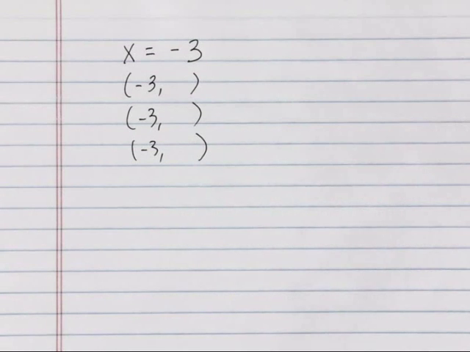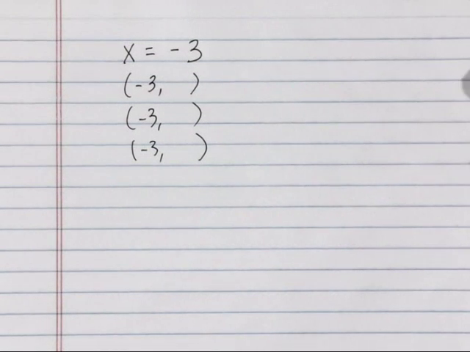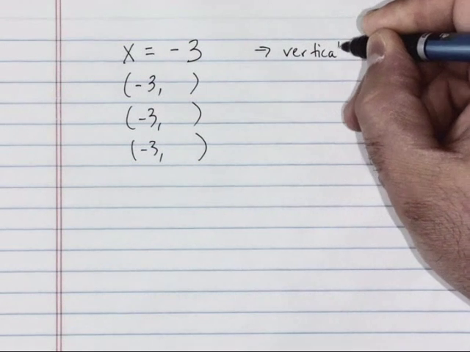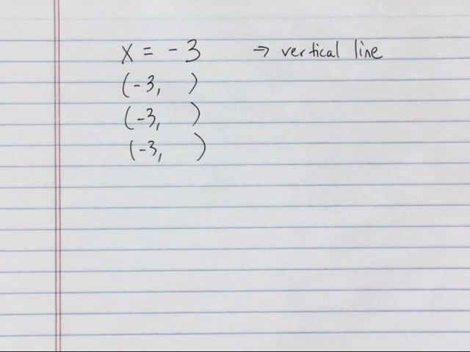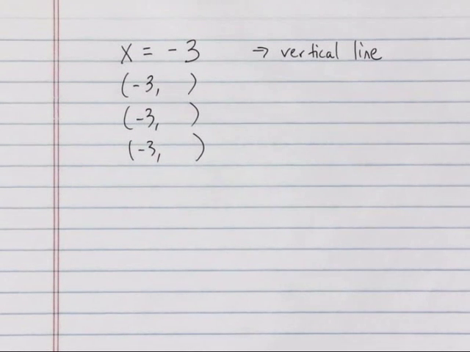And what that does is create a vertical line. Anytime you get this type of equation where you have x equals a constant, that's going to be a vertical line.